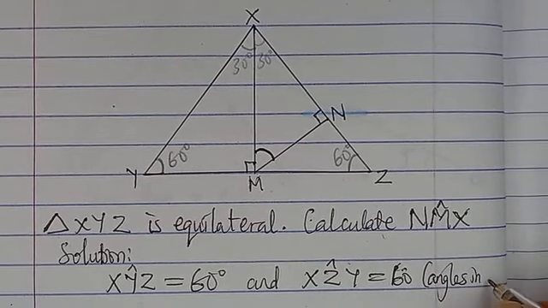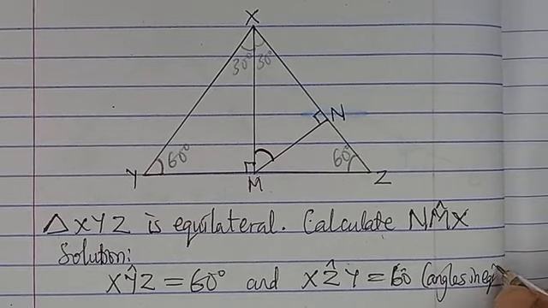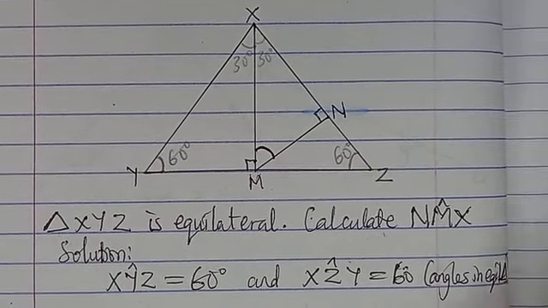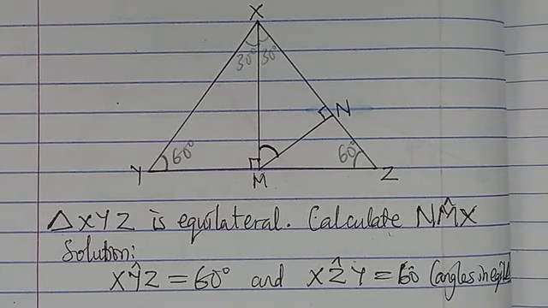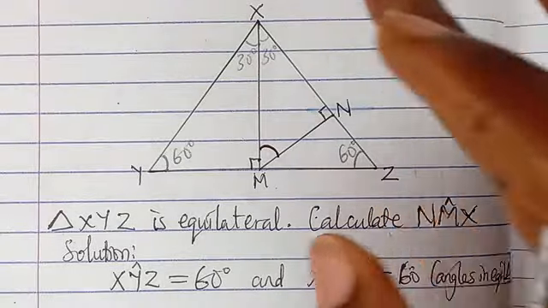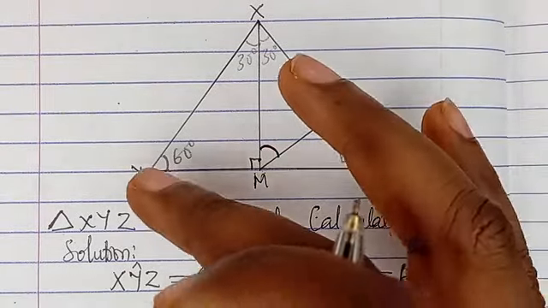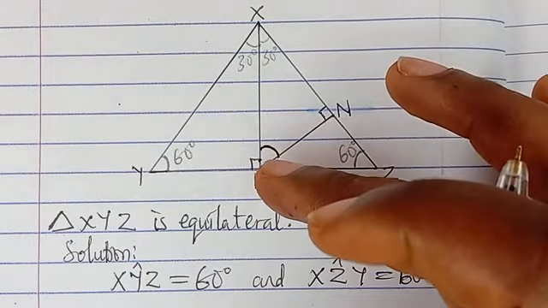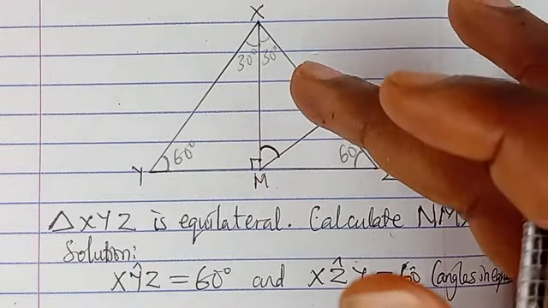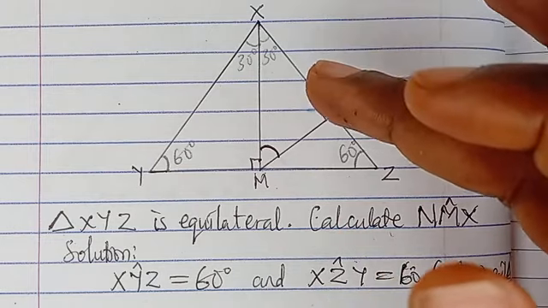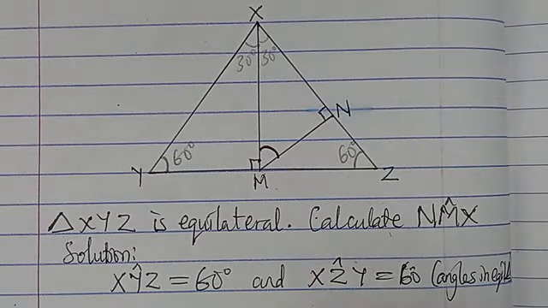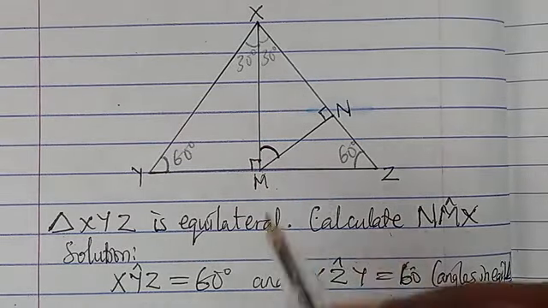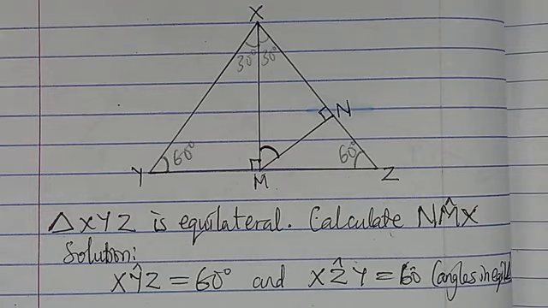Angles in equilateral triangle for short. Okay, having that aside, then we have that angle YXM is equal to 30 and angle MXZ, or whichever way you name it, is equal to 30 because of their bisected angles.